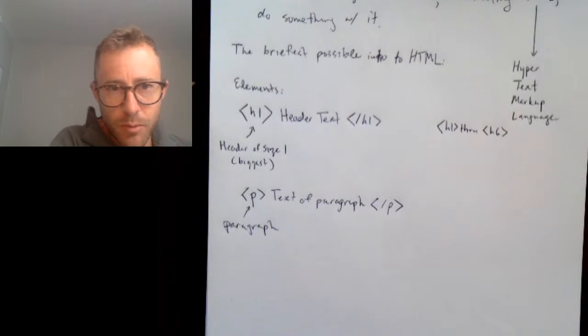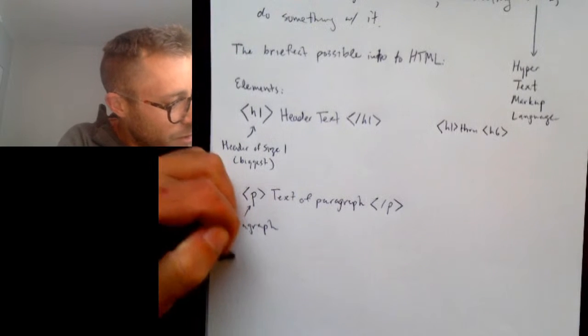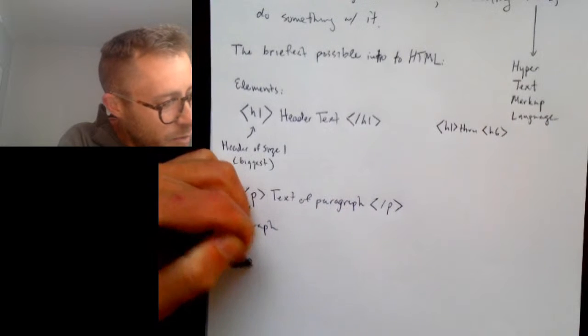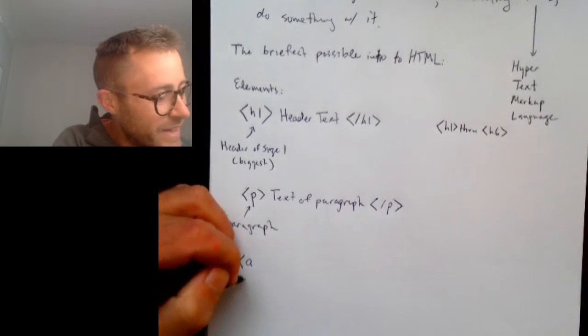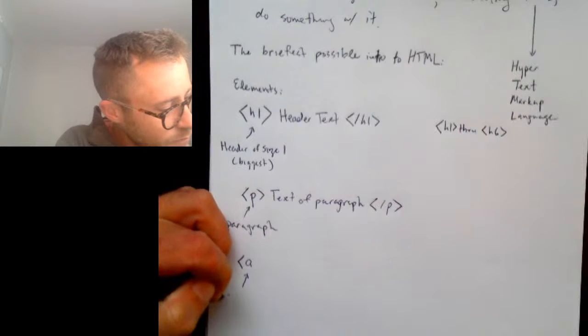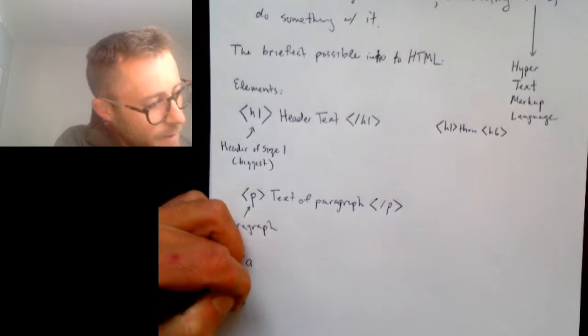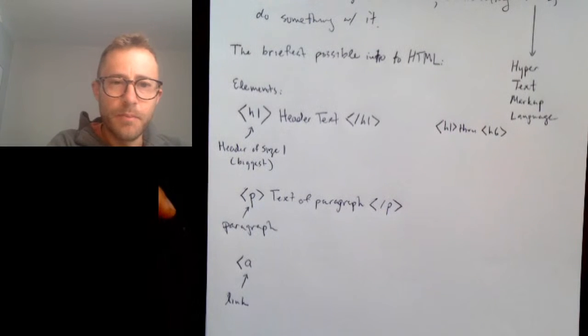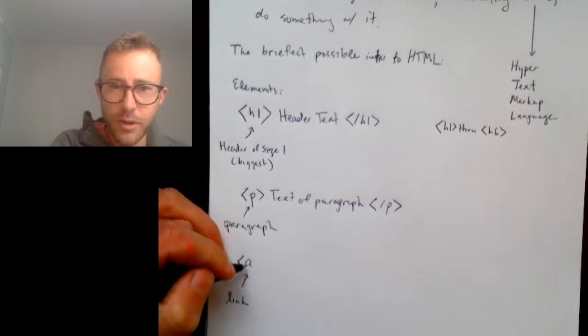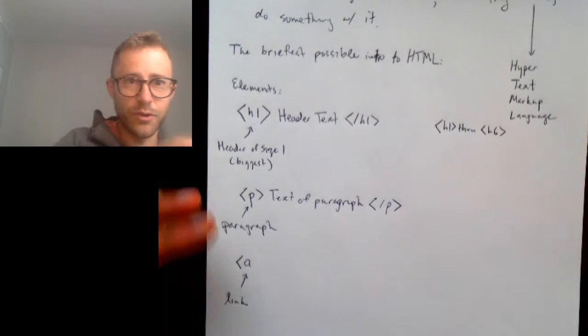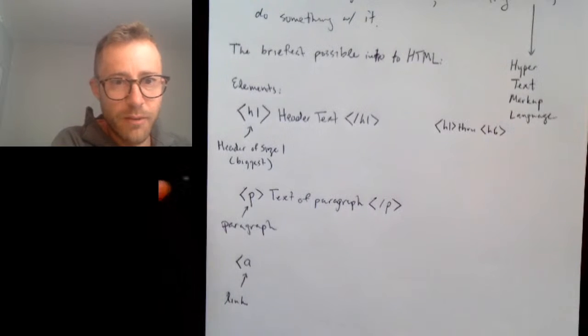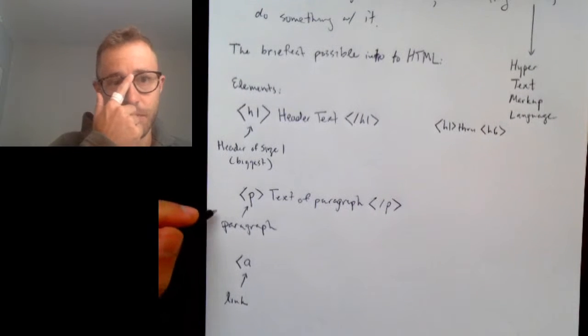And probably one of the more important ones that you would need to know about is the A element, which stands for a link. Okay. And so this one is a little bit complicated because in that first angle bracket, you have more information. Okay.